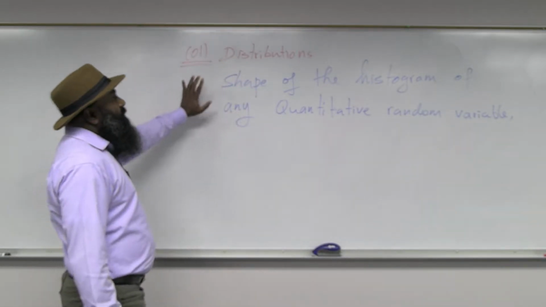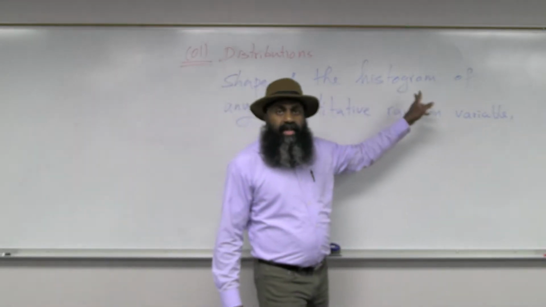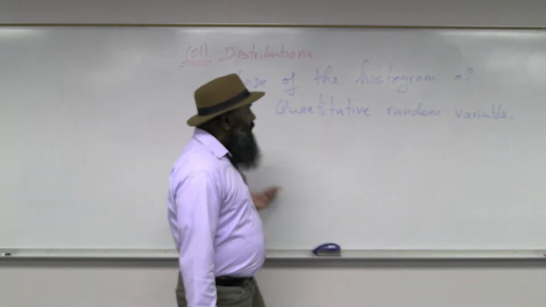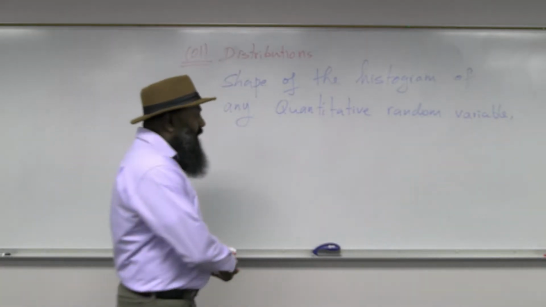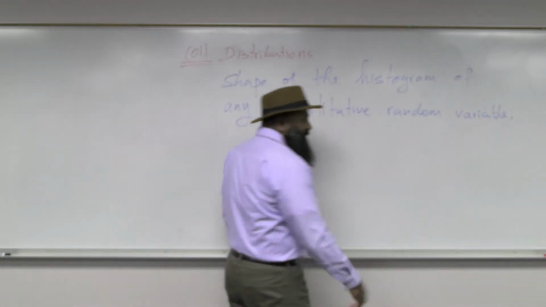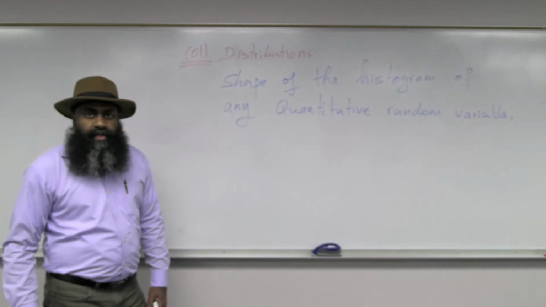So, is there a way that I can scale down the histogram to represent a total area of 1 unit? Well, of course, I can do it easily. I can just divide the area of the histogram by its total area.